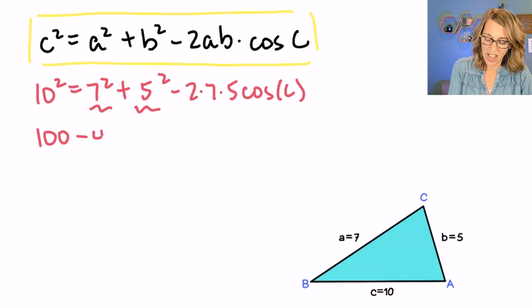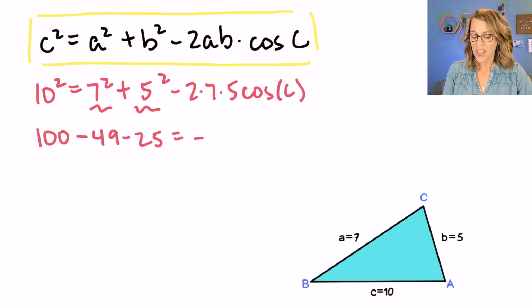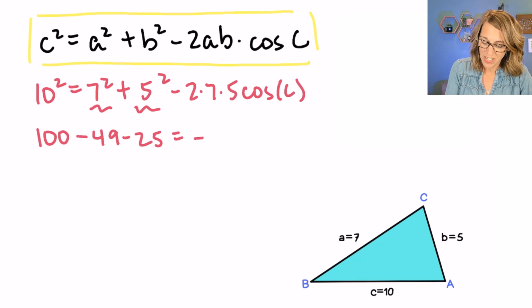So minus 49 minus 25 is equal to negative 2 times 7 times 5. 7 times 5 is 35, times 2 is 70. So I get negative 70 cosine of angle C.